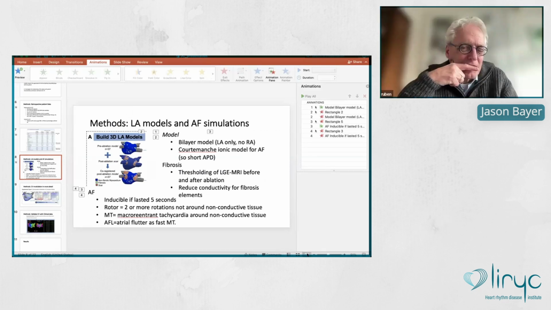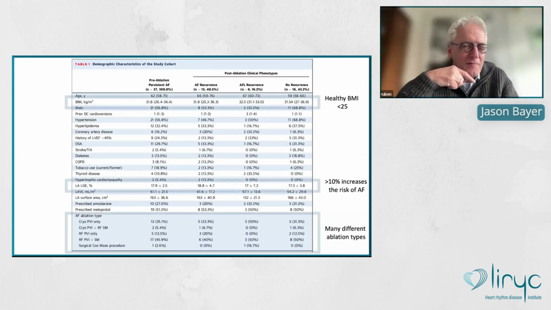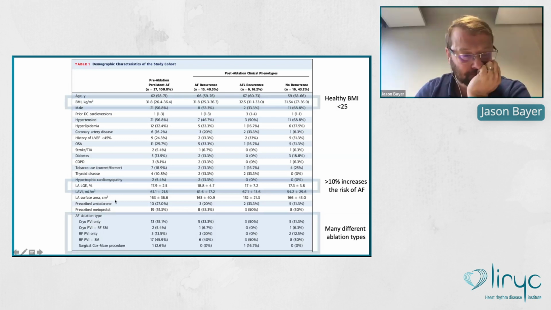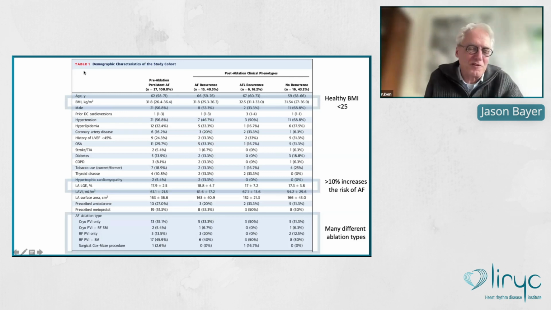Yeah, thanks. I noticed that the AF ablation type consists of pulmonary vein isolation in combination with substrate modification, SM, I suppose.